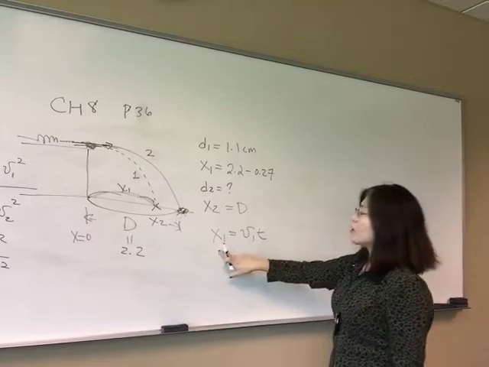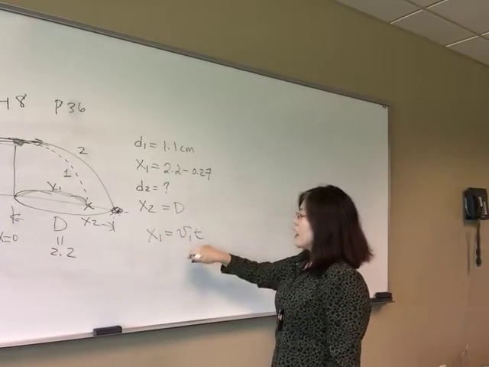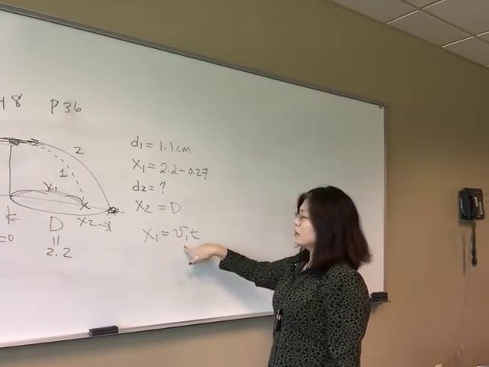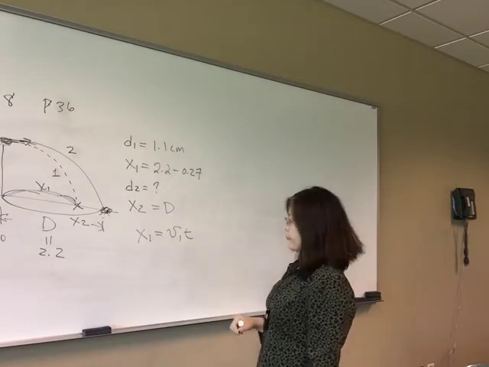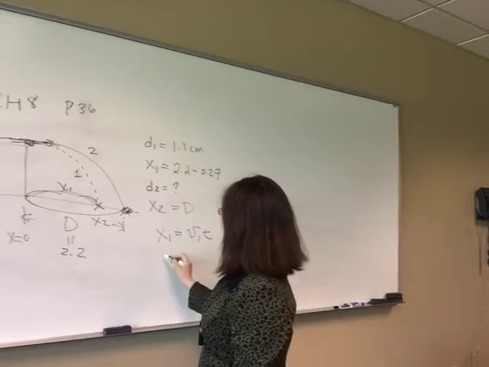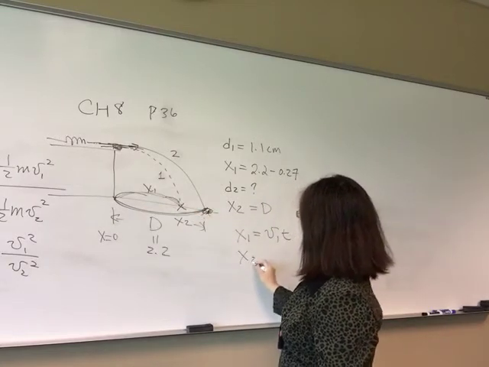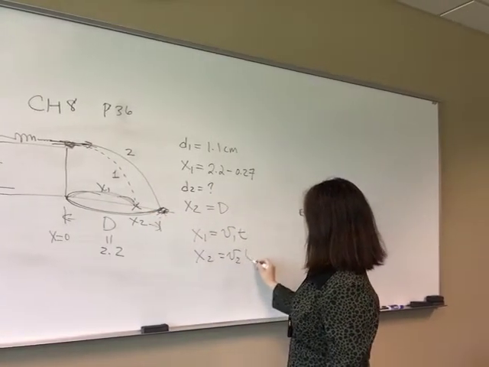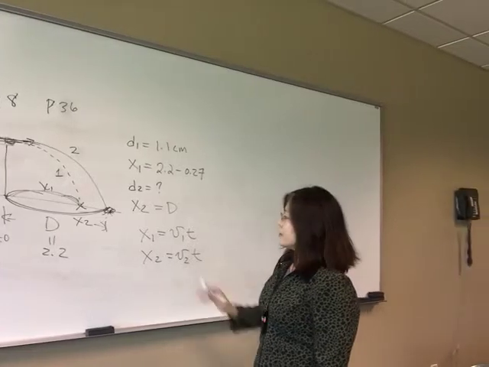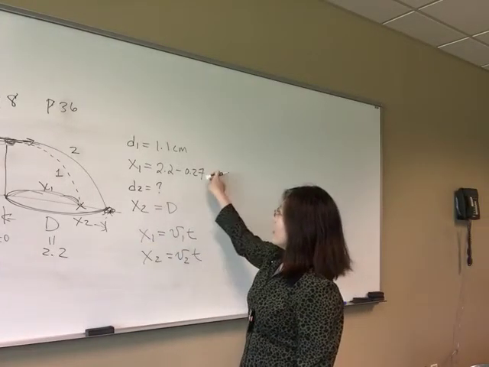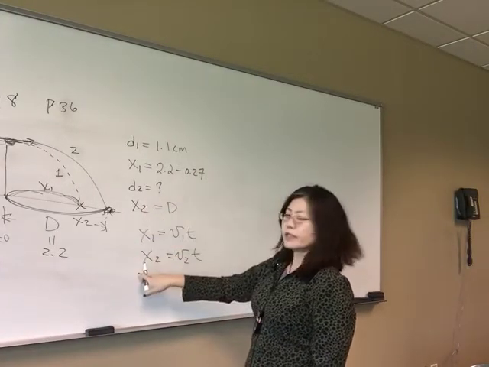So the horizontal displacement is equal to the initial horizontal velocity times time. Likewise, your x2, which is this distance, is equal to v2 times time. Your x1 is given, and your x2 is also given.